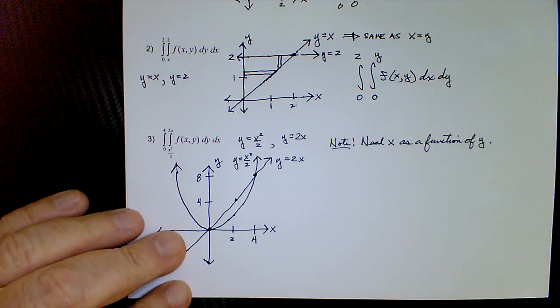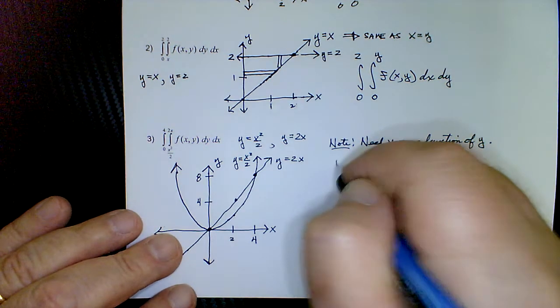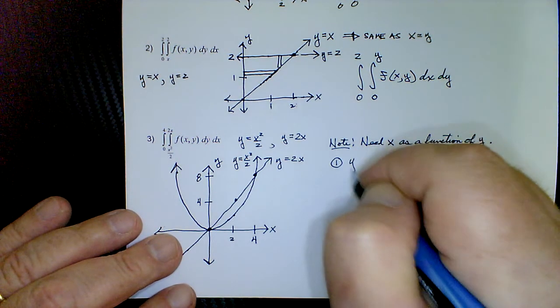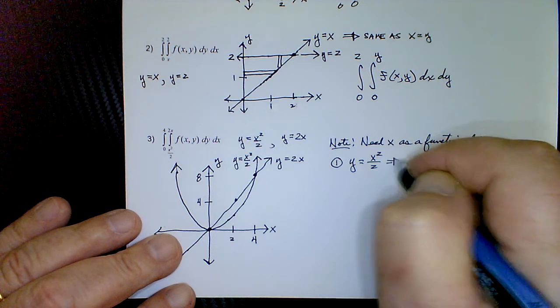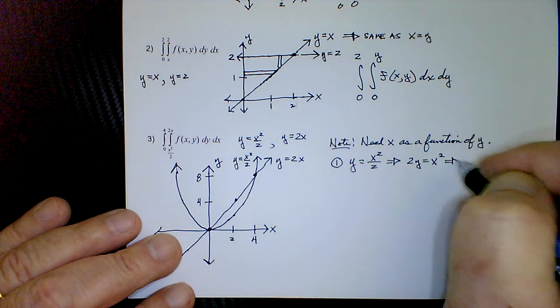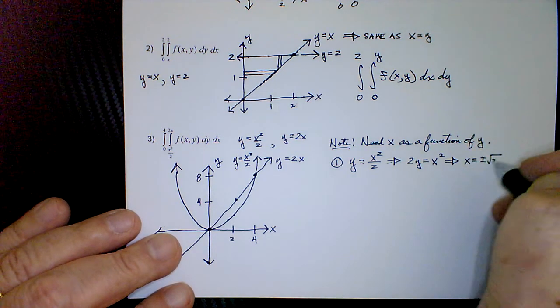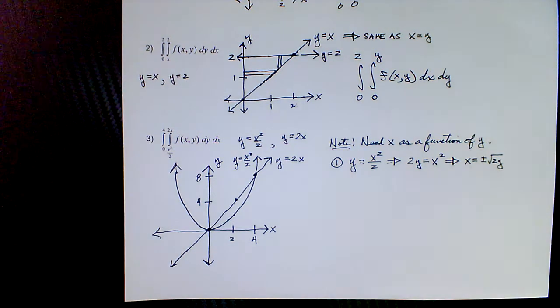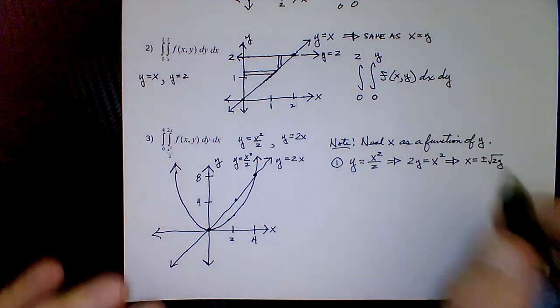And so let's say for the parabola, I'll label it as 1. Y is x squared over 2. Solve this for x. We get 2y is x squared. So then x is plus or minus the square root of 2y. But what we're dealing with is the positive version.